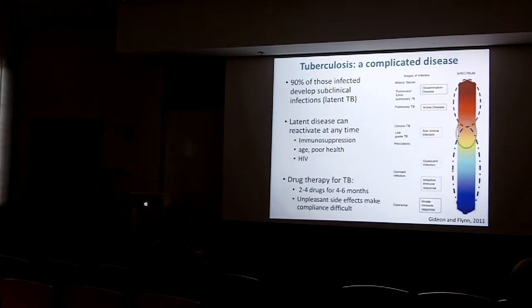But I want to reinforce that most of the people that are infected by this bacterium never know they're infected. These people have latent infections, and they'll never know that they have the bacterium unless they are given a skin test, perhaps. And although they're infected and never know it, these people are susceptible to reactivated tuberculosis under certain circumstances.